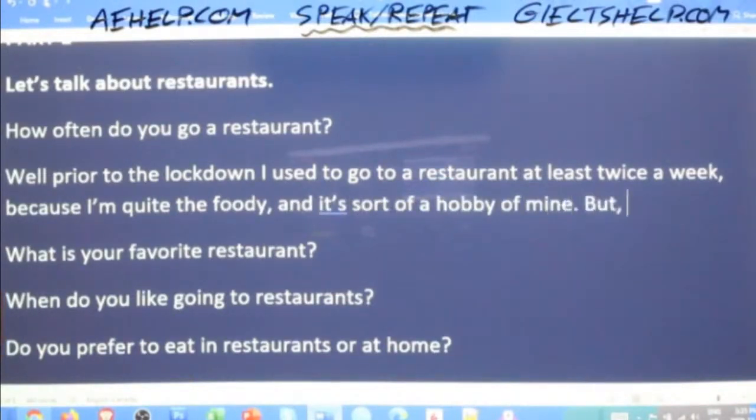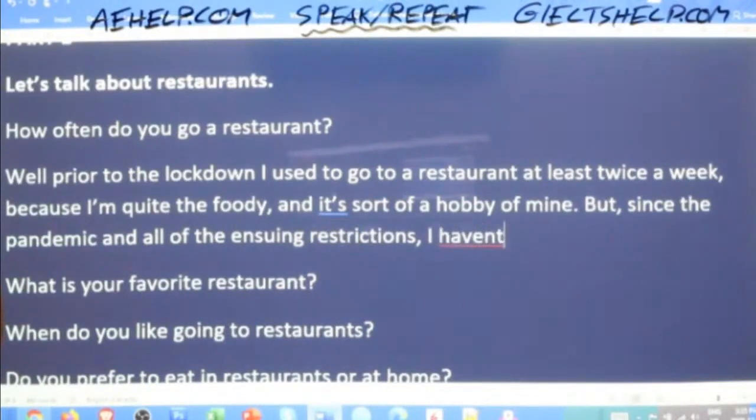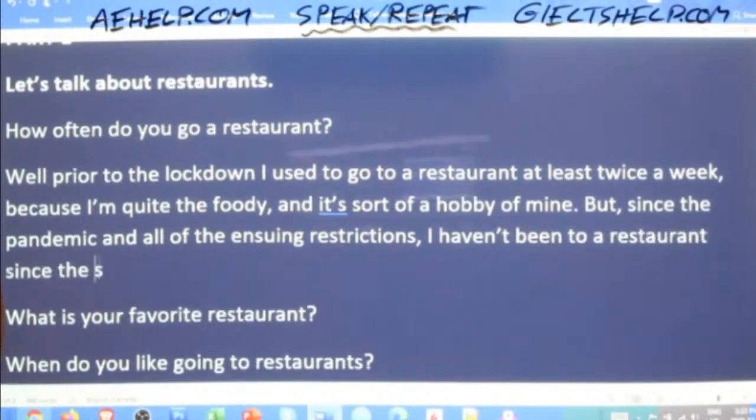But since the pandemic and all of the ensuing restrictions, I haven't been to a restaurant since the summer.